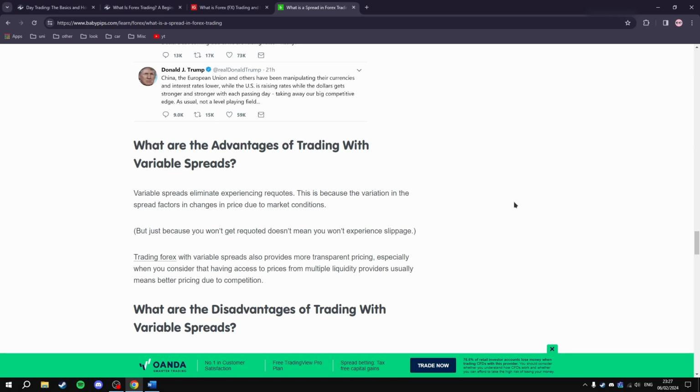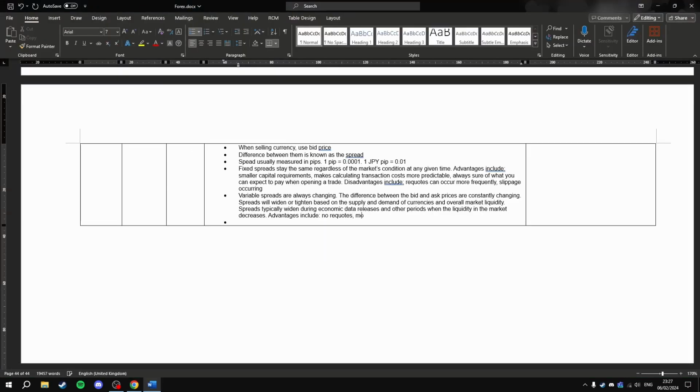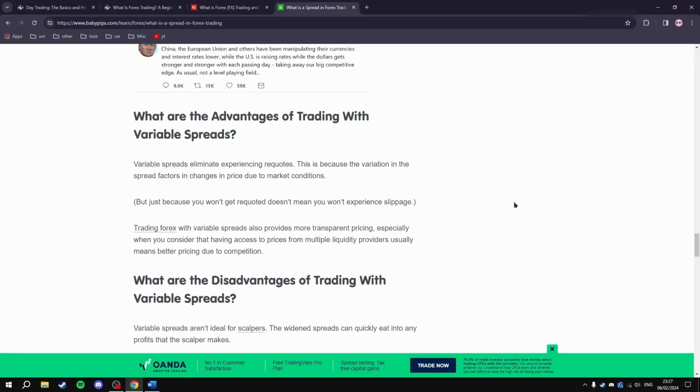But just because you won't get requoted doesn't mean you won't experience slippage. Trading Forex with variable spreads also provides more transparent pricing, especially when you consider that having access to prices from multiple liquidity providers usually means better pricing due to competition.